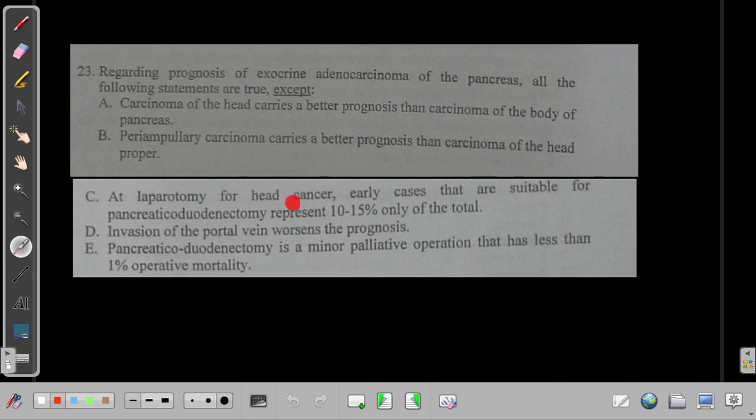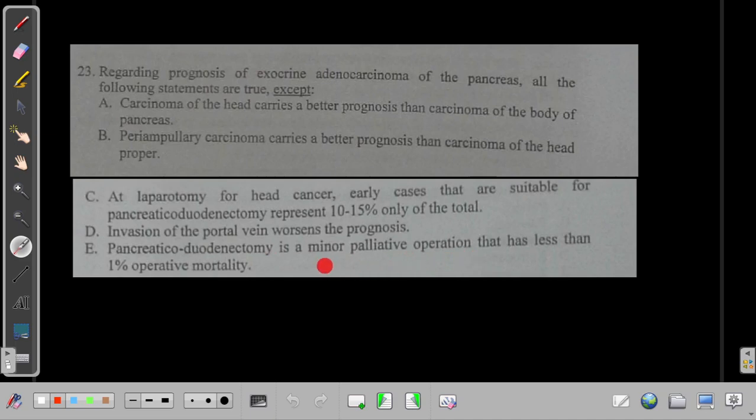At laparotomy for head cancer, early cases that are suitable for pancreaticoduodenectomy represent 10% only of the total. That's true. Invasion of the portal vein worsens the prognosis. That's true. Pancreaticoduodenectomy, the Whipple operation, is a minor palliative operation. This is untrue.